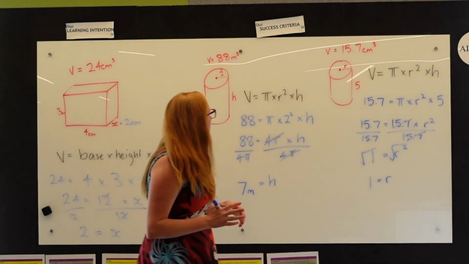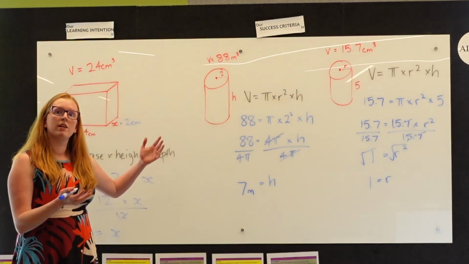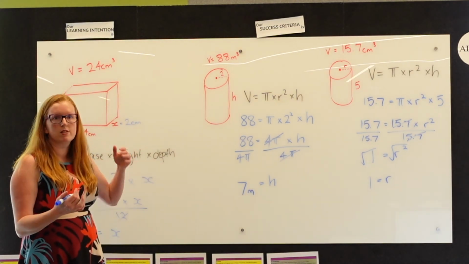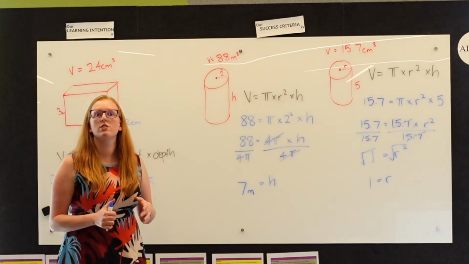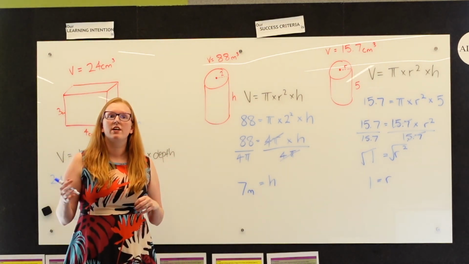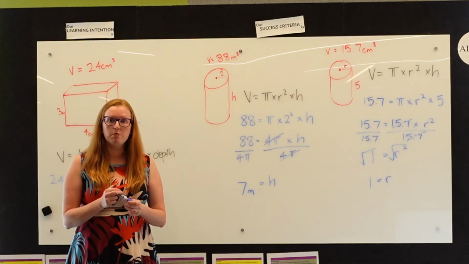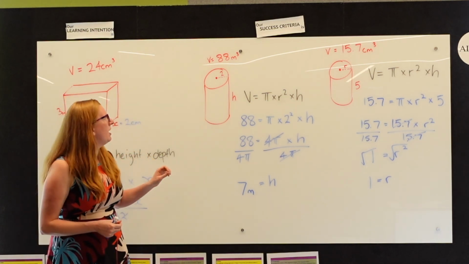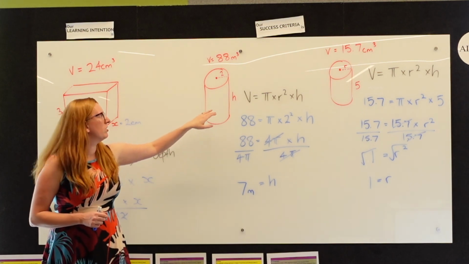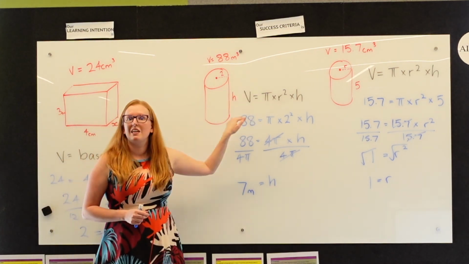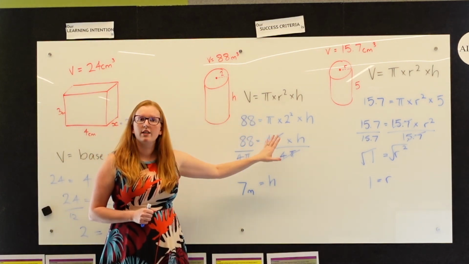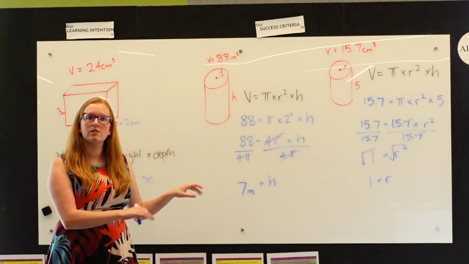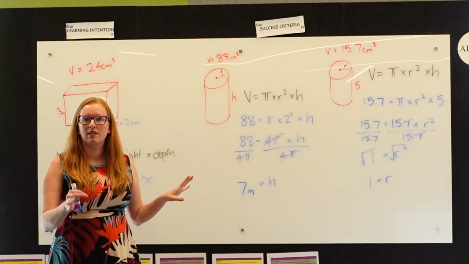All right, so the key messages when it comes to working backwards, I suppose you could call it, using the volume to find a dimension on one of the shapes, the key things to know are putting the numbers into the formula, okay? And then you just move things across to the other side until you get the letter on its own.